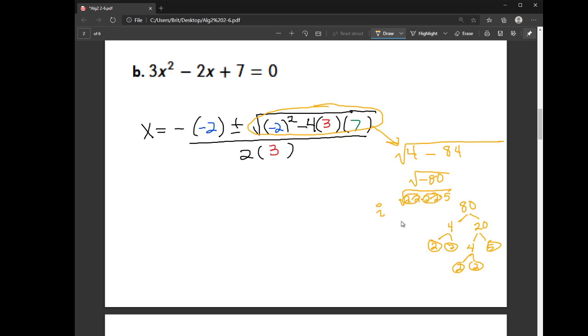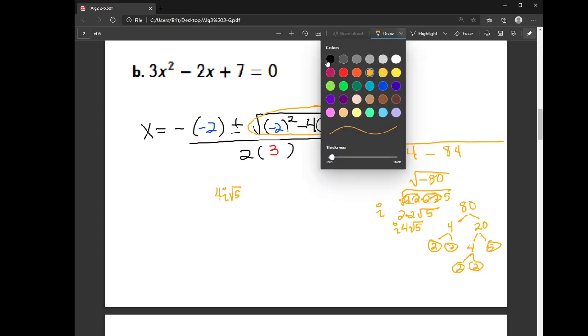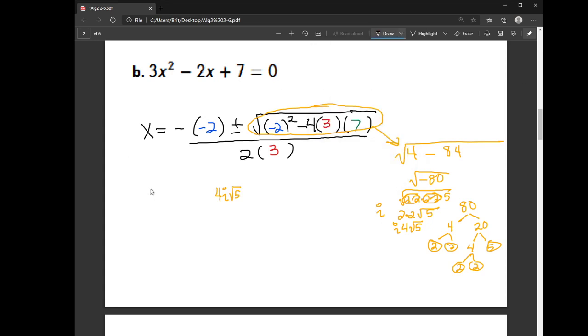So I have two pairs of 2's that can come out. So this gives me a 4 and a 5, and then I also have an i. So I'm probably just going to rearrange this when I write it out as 4i root 5. Or you could call it 4 root 5 and then make sure that the i is out of there. However you really want to, for the most part.